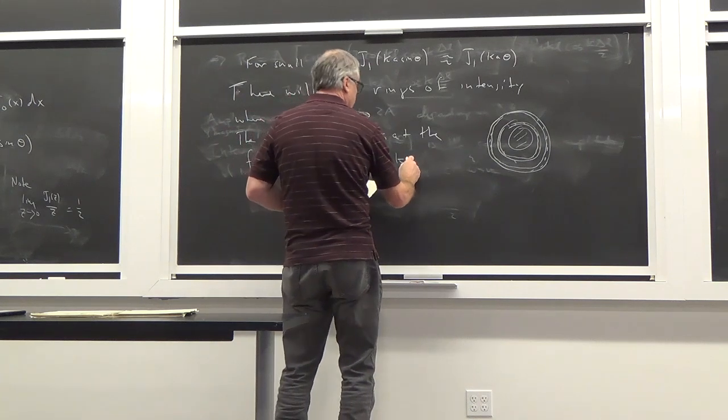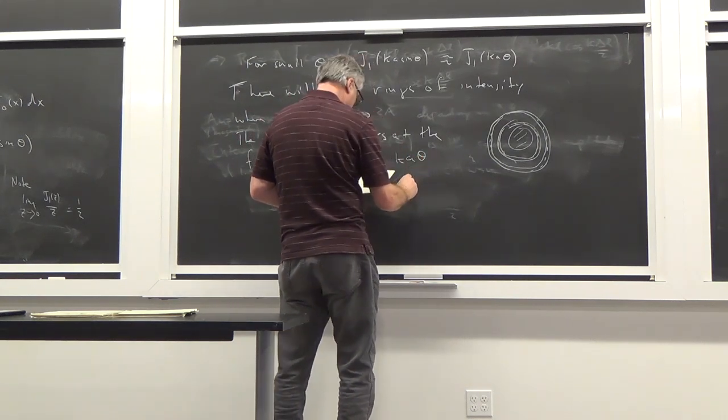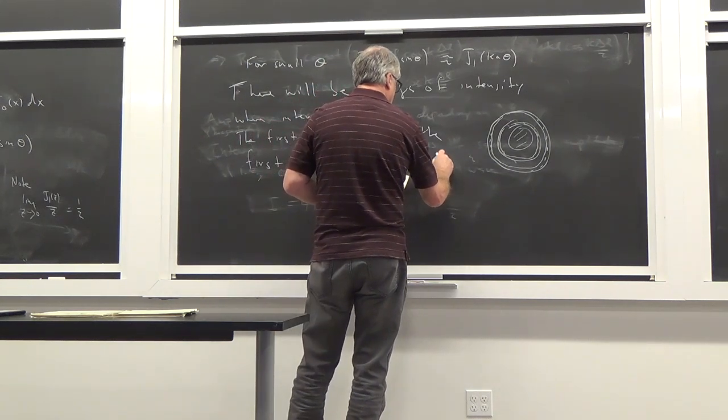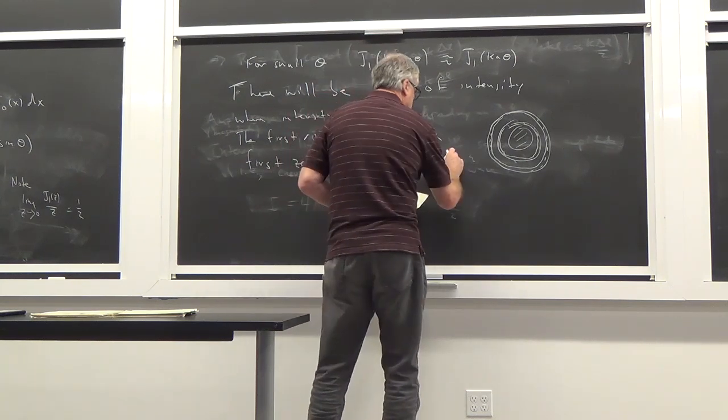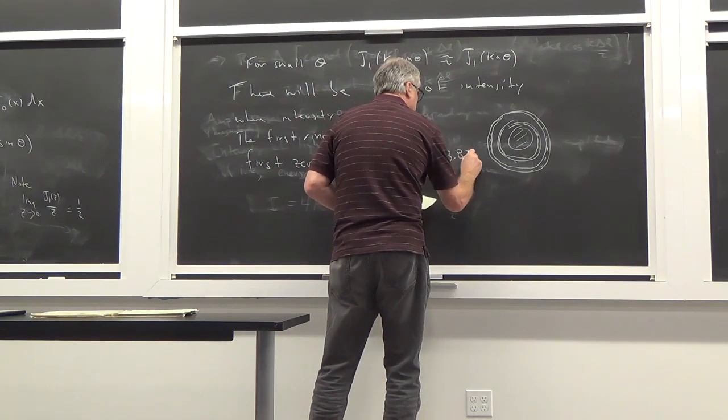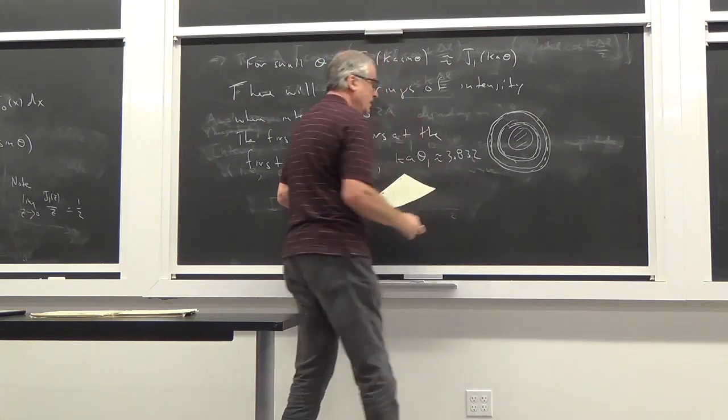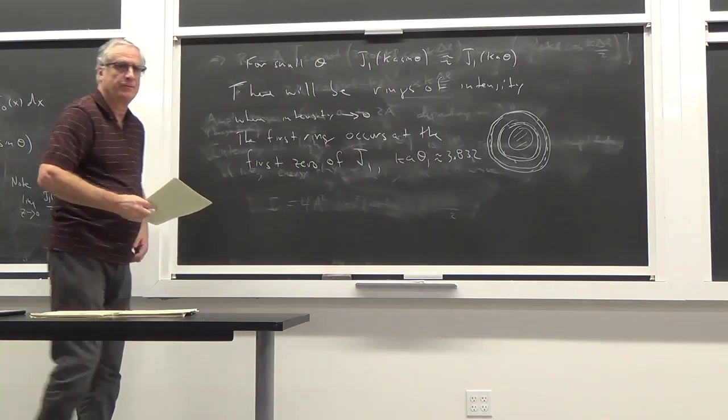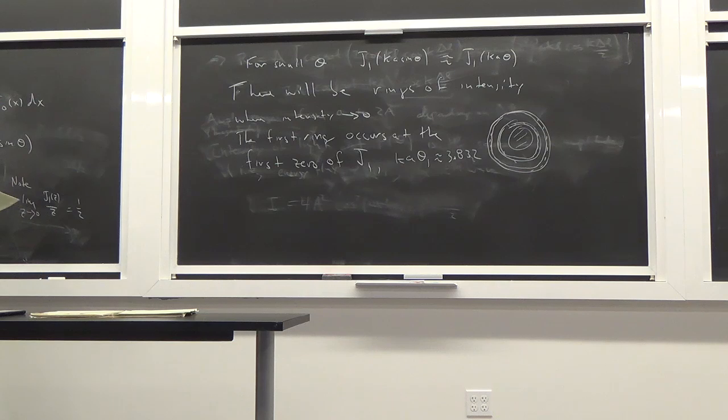And that first zero will correspond to ka theta sub 1, and the first zero is at 3.832. It's some number, that's where the first zero of the first Bessel function happens.